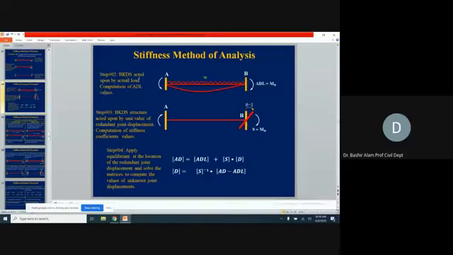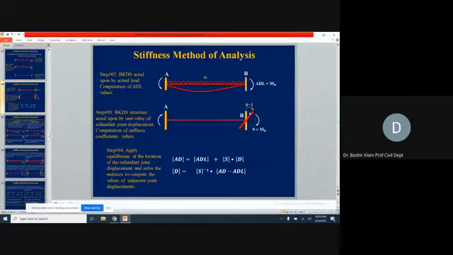So step number 2, we determine the ADL matrix. How do we determine it? We put the basic kinematic determinate structure under the actual loads and we compute the ADL matrix. After this, we find out the stiffness coefficient matrix, and how is that found? The basic kinematic determinate structure is acted upon by unit value of redundant joint displacement and we compute the stiffness coefficient values.